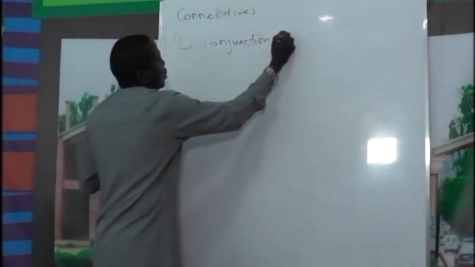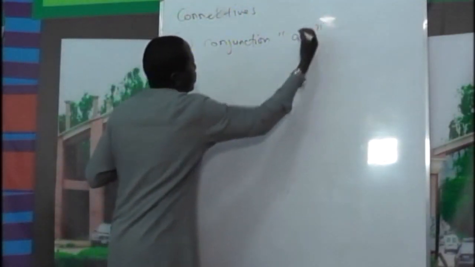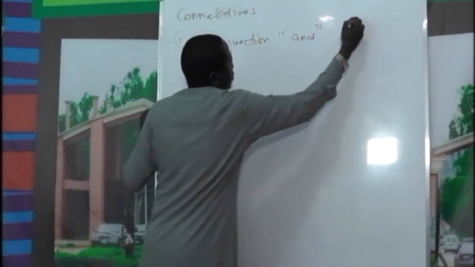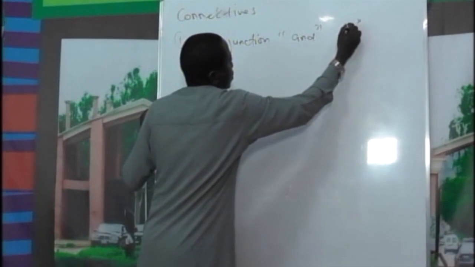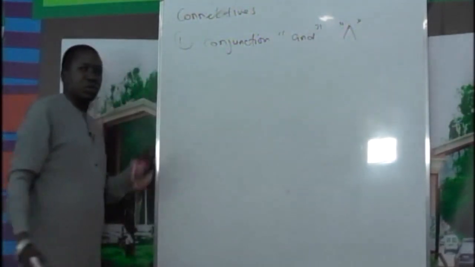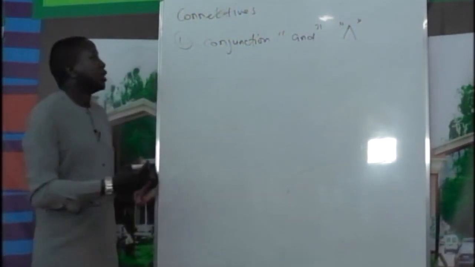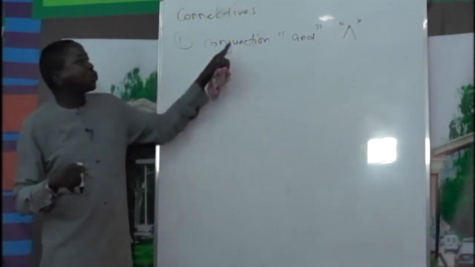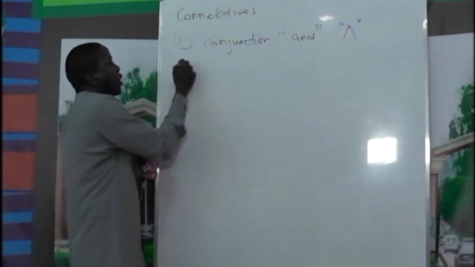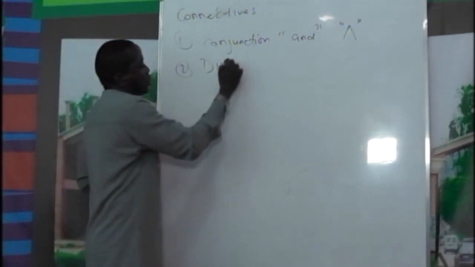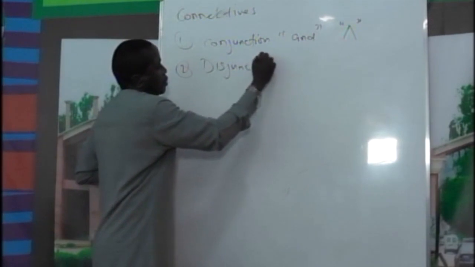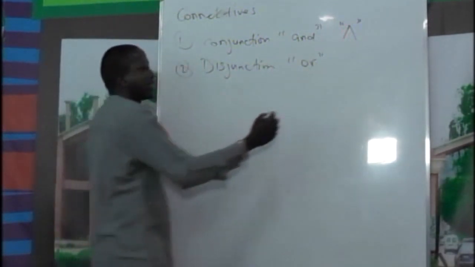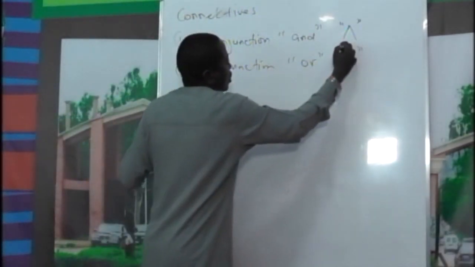This conjunction, we use and to represent conjunction. And this is the symbol of conjunction. When we are combining two statements together using and, we call it conjunction. The other one, we call it disjunction. This one, we use or. And this is the symbol for disjunction.